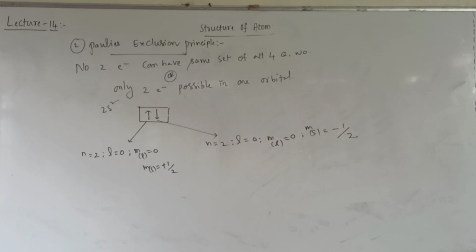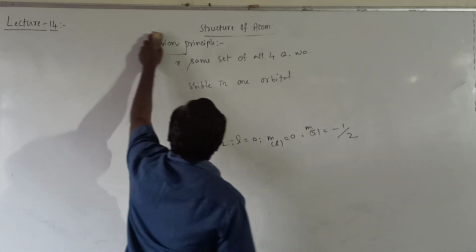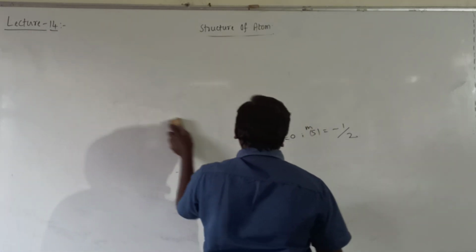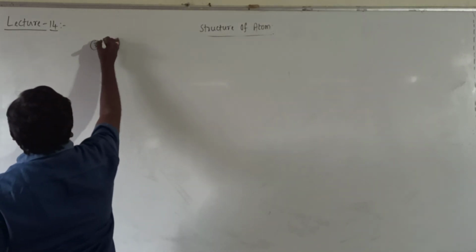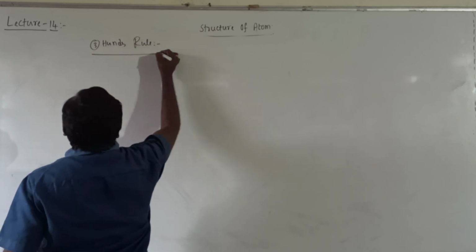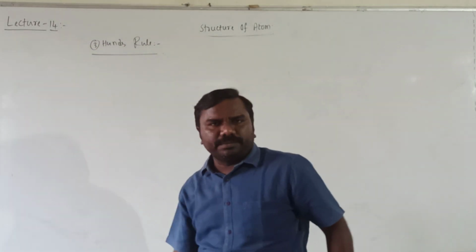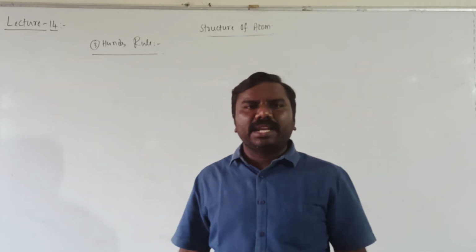After this, Hund's rule, in degenerate orbitals. Degenerate means orbitals of equal energy. After half filling, how to fill the next electron?